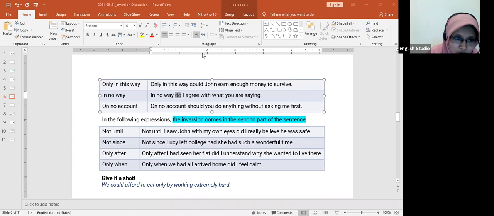Mr. Maskur, are they acceptable in writing case, Miss? Yes, of course ya, especially for writing task 2, Mr. Maskur. Kalau untuk writing task 1, it depends on the type of the question that you got in the task ya, karena kadang nggak semua grammatical structure itu bisa kita pakai, tapi sebenarnya nggak masalah kalau memang bisa untuk put the inversion to practice in writing task 1, it's totally okay ya, it's acceptable.